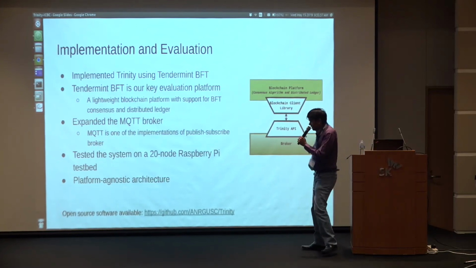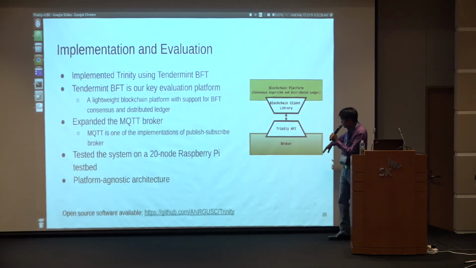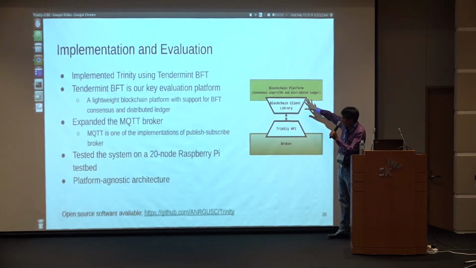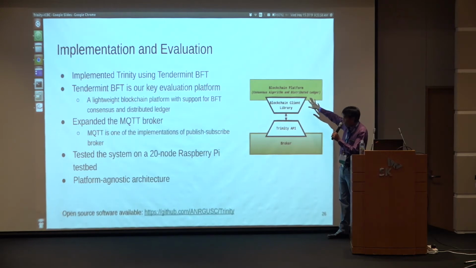Here you can see our architecture figure in the diagram. At one end you have a broker. At the broker, we expose a collection of APIs which you can use to interface with the blockchain platform that you want to use. The blockchain platform provides a client library.